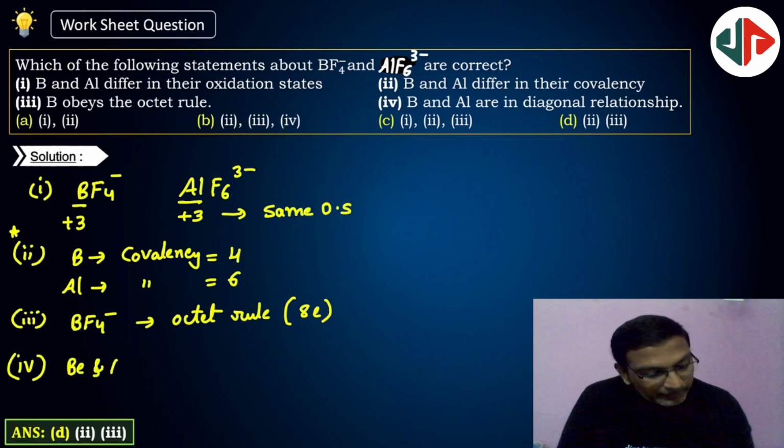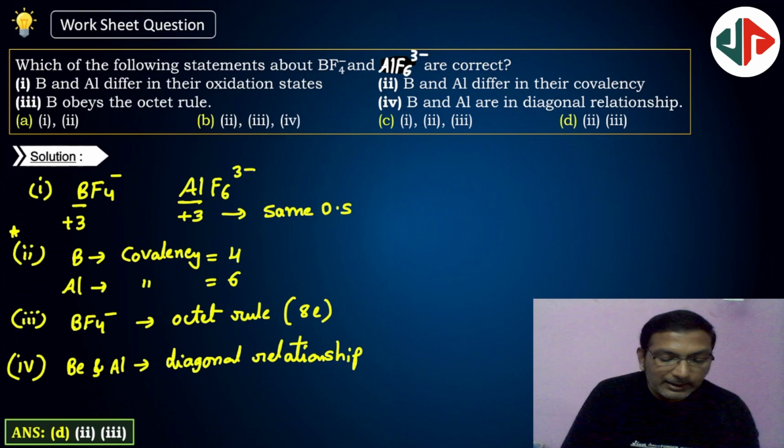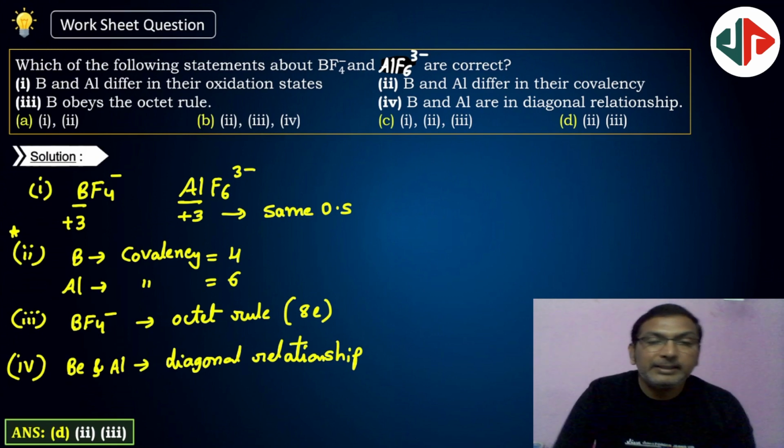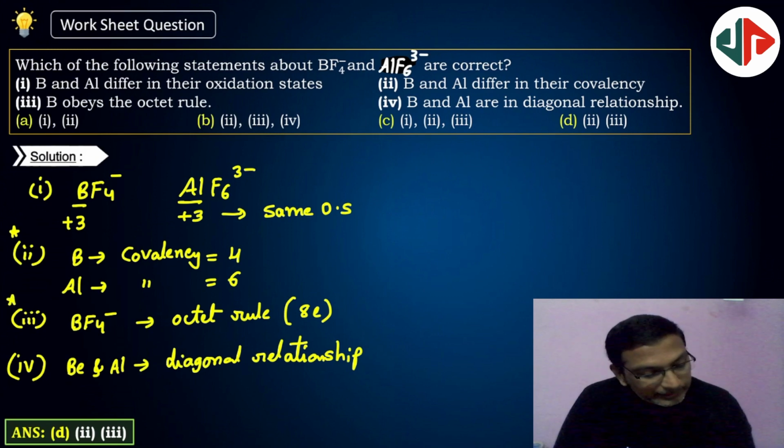Beryllium and aluminium can show diagonal properties. Here boron and aluminium are given. That is wrong. So statement 2 is correct and 3 is correct. Therefore, option D.